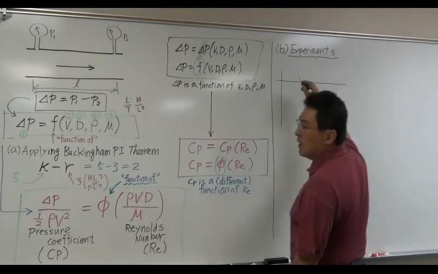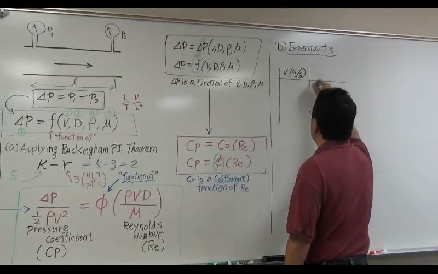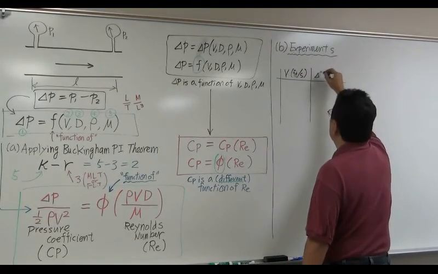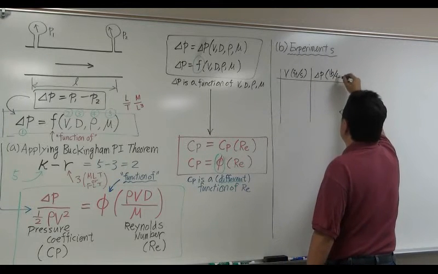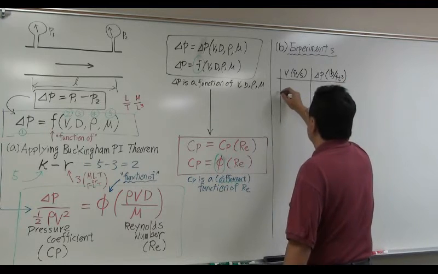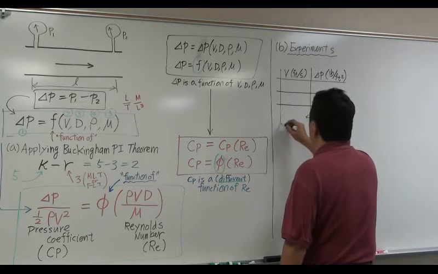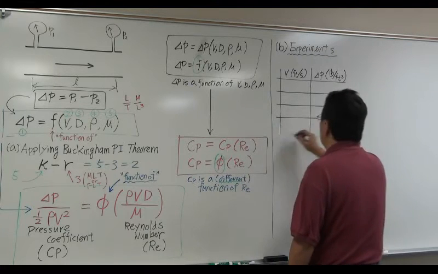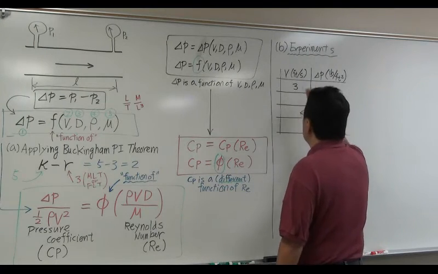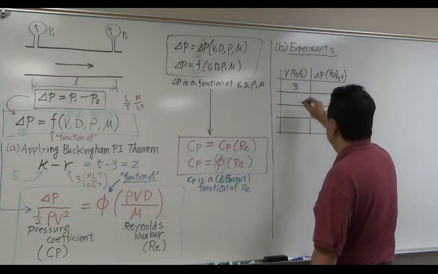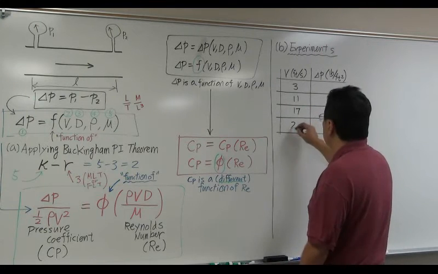Then you came up with experimental results. Okay? So this is velocity, feet per second. This is delta P you measured, in pounds per square foot. So what I did was, starting with 3 feet per second velocity, next is 11 feet per second, 17, 20 feet per second.